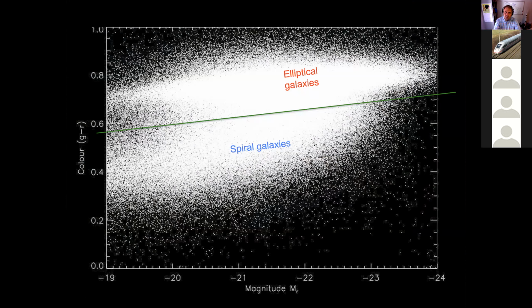And so if you do that and you start asking people, is this a spiral galaxy? Yes, no. Is this an elliptical galaxy? Yes, no. You start noticing that the color and the shape aren't as strictly connected as you thought they were. There are spirals that are just as red as the typical elliptical galaxy, and there are ellipticals that are blue, that are star forming.